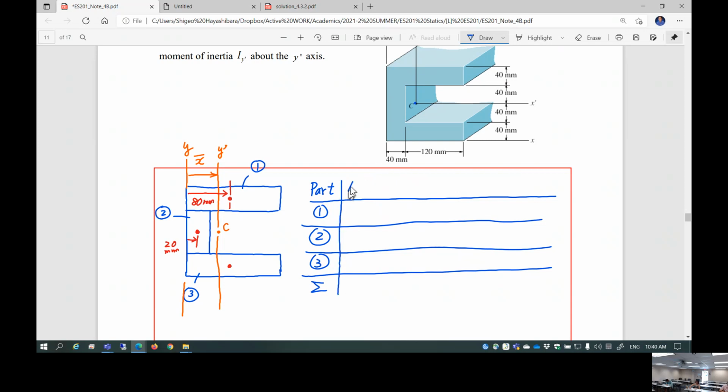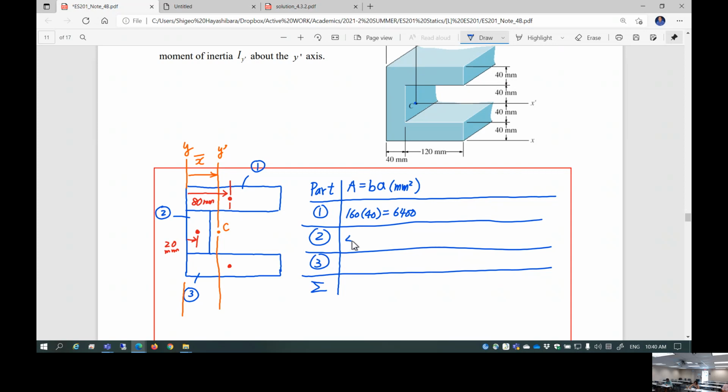First one is area A, which, let's be careful, I'm going to use B times A, because later on, when you do the moment of inertia of a rectangular cross-section, you know 1 over 12 B A cubed, or B cubed A, either way. So B A, that's the area. So for part 1, the area is 160 times 40, which is 6,400. What is the unit? The unit is millimeter squared.